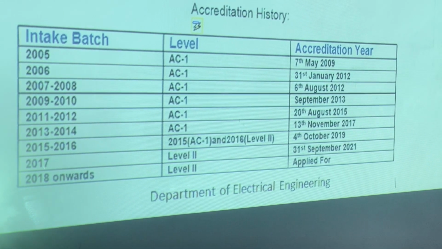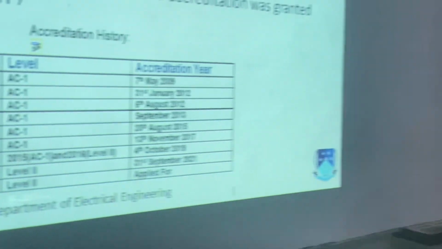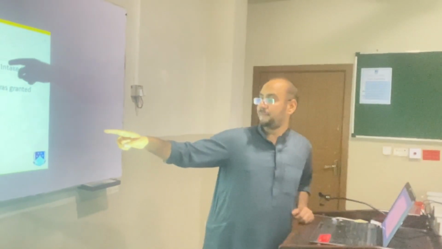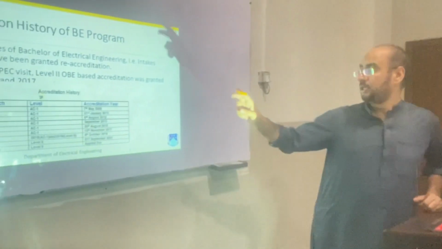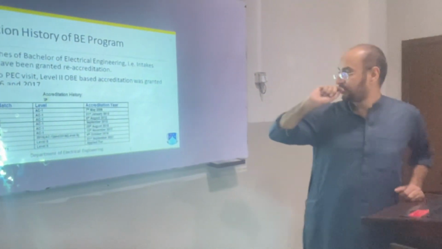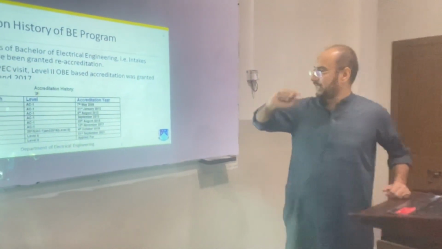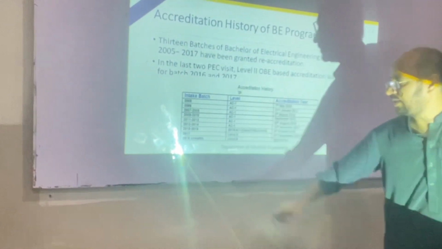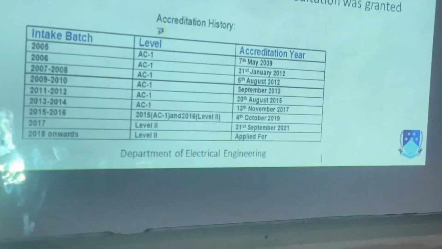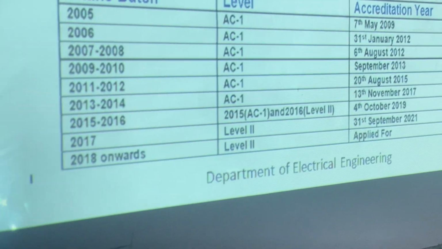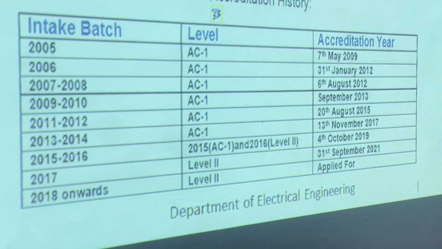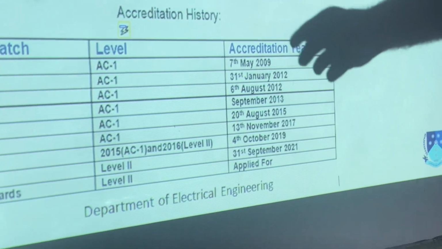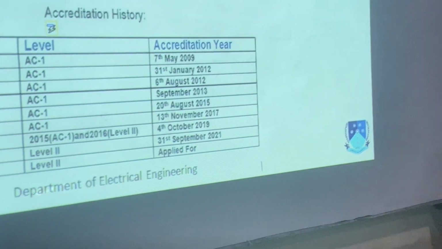After that, the second batch was in 2016, and we grabbed accreditation for 2 years in a row. In one visit we grabbed 2 years of accreditation. One was on level 1, the 2015 batch, and the 2016 batch was on level 2.